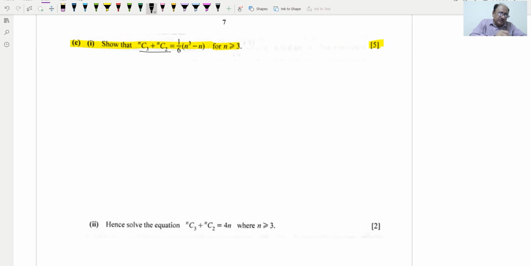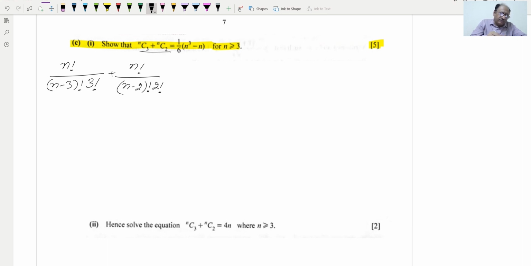This will be nC3, which we can write as n factorial over n minus 3 factorial into 3 factorial, plus nC2 will be n factorial over n minus 2 factorial and 2 factorial.